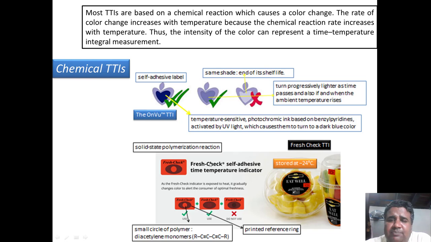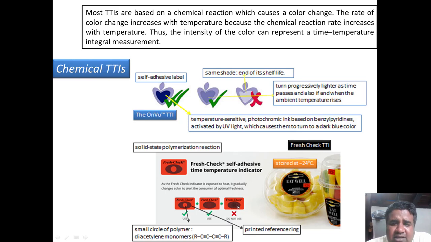The second type of indicator is the Fresh Check indicator. In the case of the Fresh Check indicator, you can see there is a small round ring inside, and this ring is a polymer, that is, diacetylene monomers. There is a printed reference ring around it, and with the passage of time it turns dark.